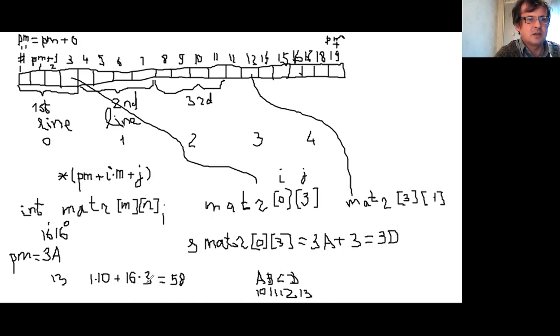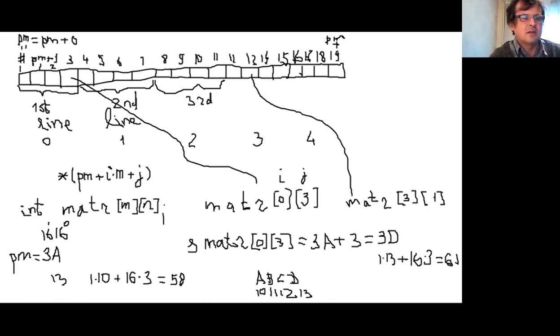So 3D is 61. Yes, D is 13. In your group, 1 times 13 and 16 times 3, yes. 16 in power 1 times 3 is 48, plus 13 is 61.